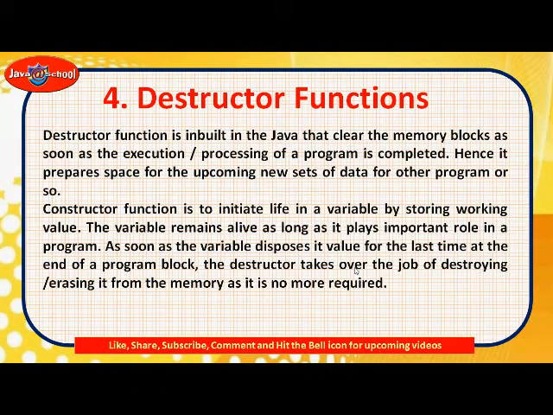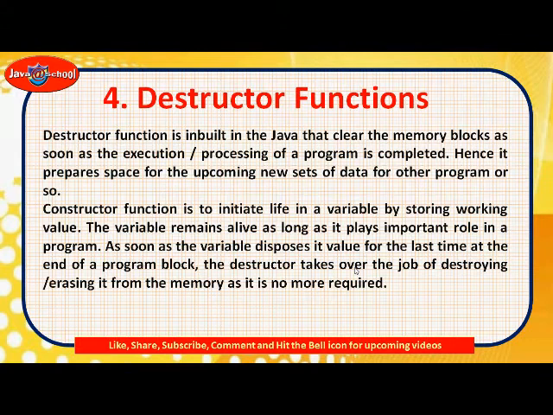The variable remains alive as long as it plays an important role in a program. The variable will be alive because it is carrying a value which is shared by functions. So it remains alive as long as its work is continued in the program. As soon as the variable disposes its value for the last time at the end of the program block, the last value of the variable is displayed or transferred somewhere or executed or processed.